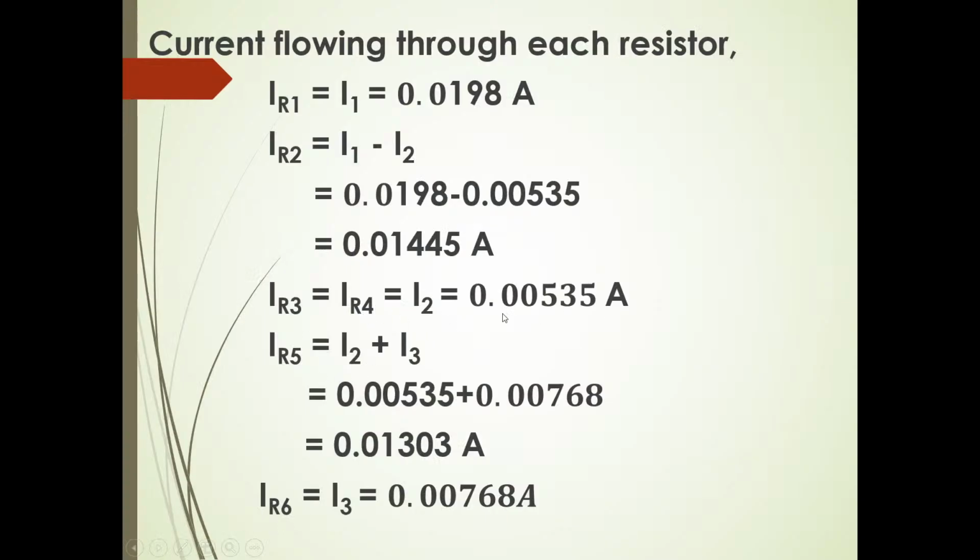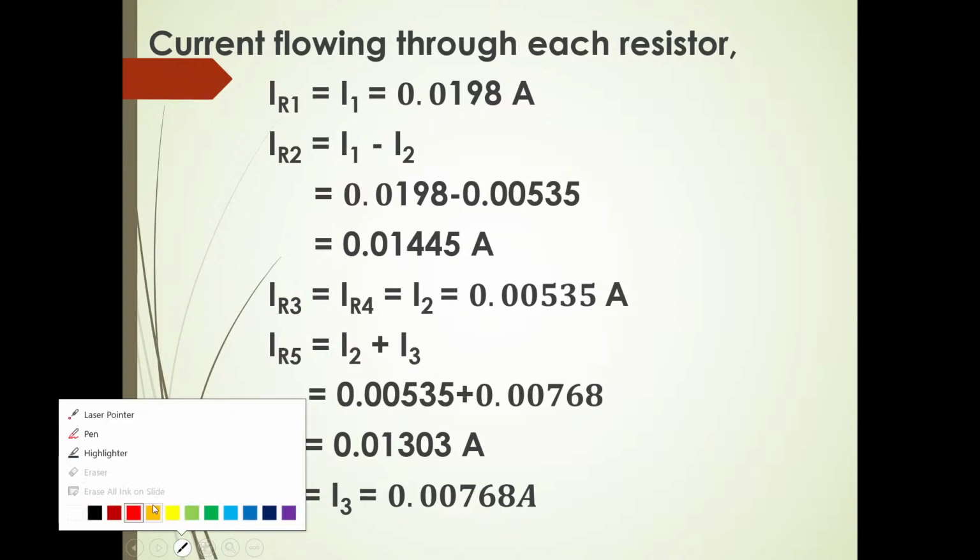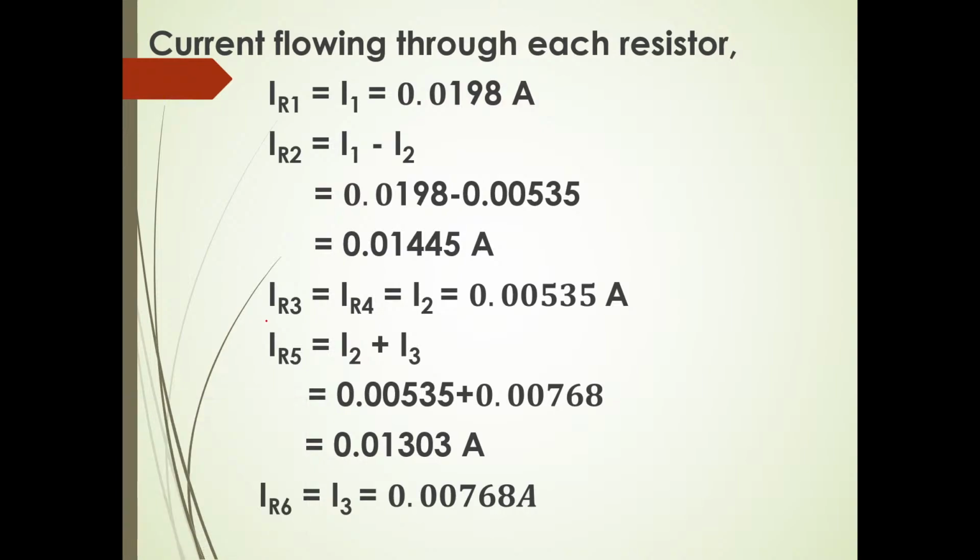So this is it. You can convert that into milliamperes. I2 current, that is current through R3 and R4. What is the current? 0.00535 amperes. If you convert that into milliamperes, it will be around 5.35 milliamperes.